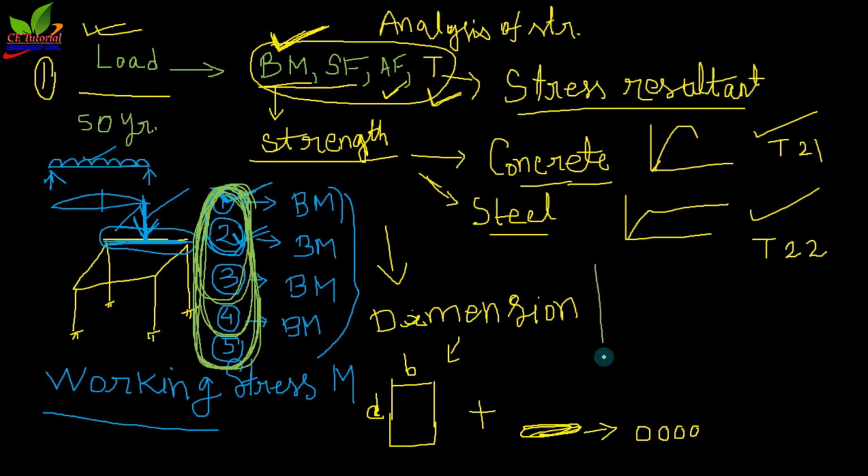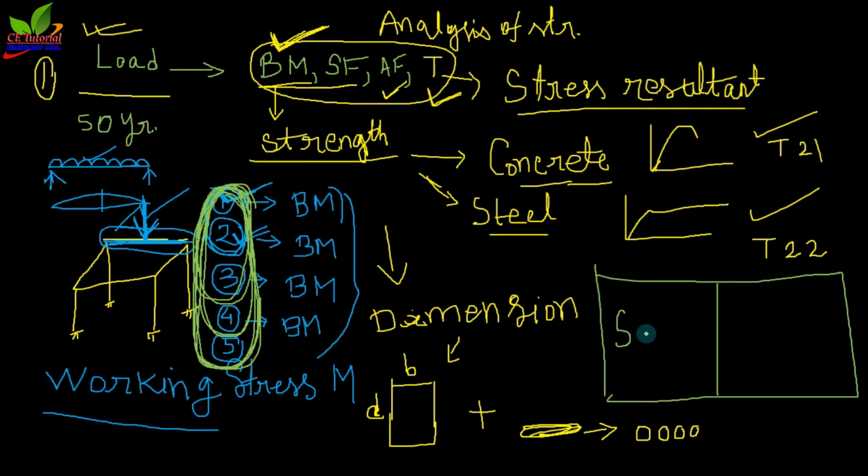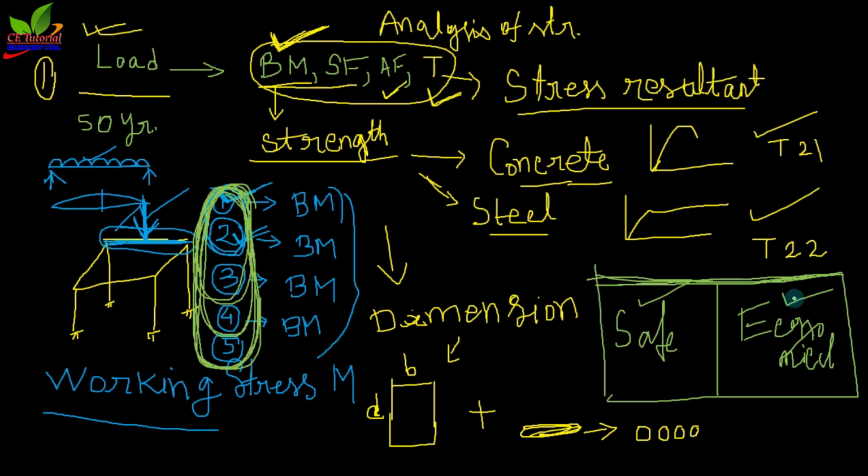So there are two governing criteria to design a structure. Number one is the structure should be safe. Okay, safe, and another criterion is the structure should be economical. When you are going to design a structure, please keep in mind your structure should be safe and your structure should be in economic condition.